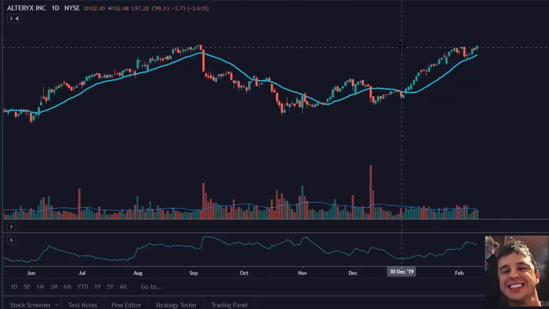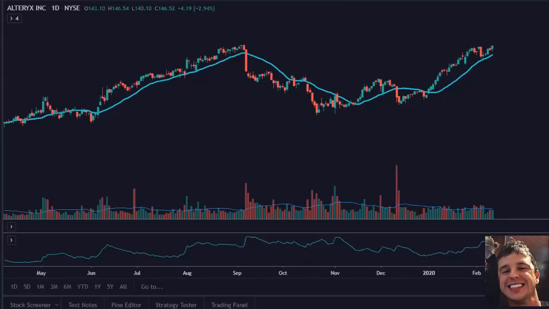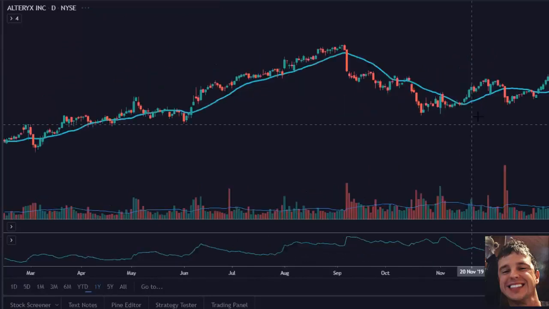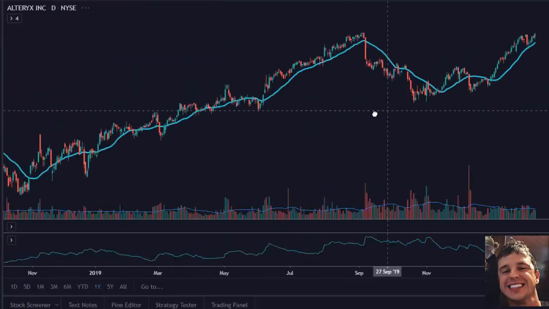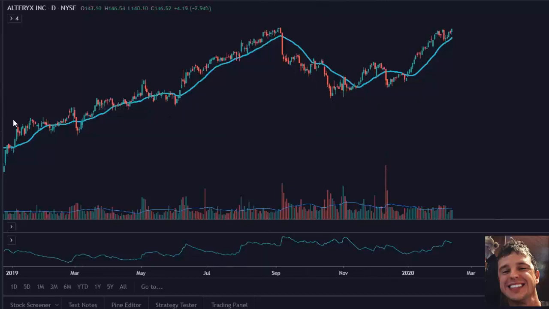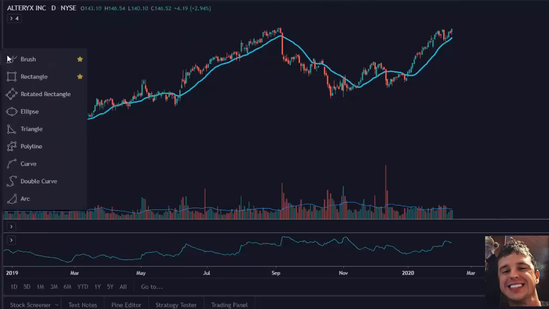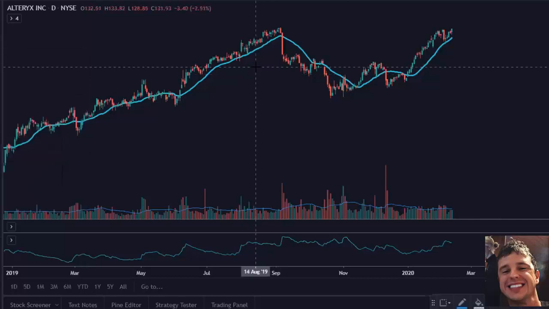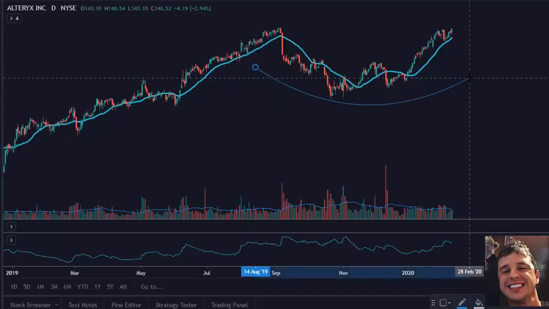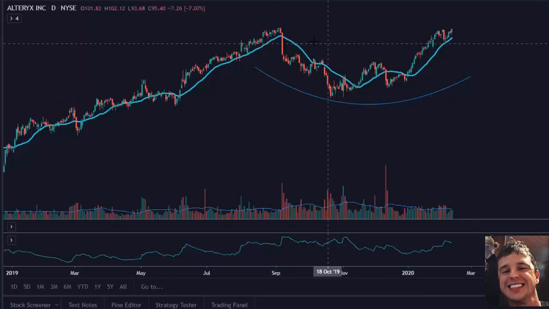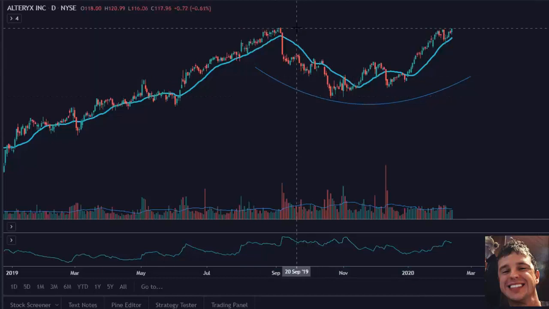If not, and all goes well, basically you are in, zoom back out on this here. You are in a pattern that, if you were to just look at it like this, has a big cup pattern here. Generally, the old school technical analysis textbooks are going to tell you the depth of the pattern.